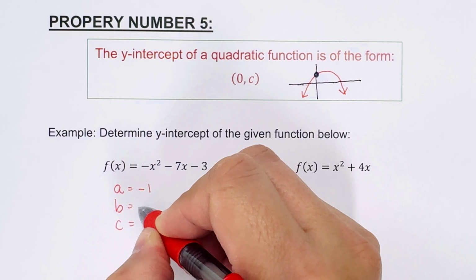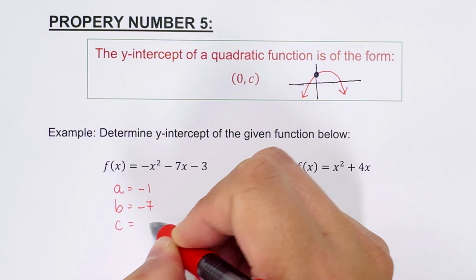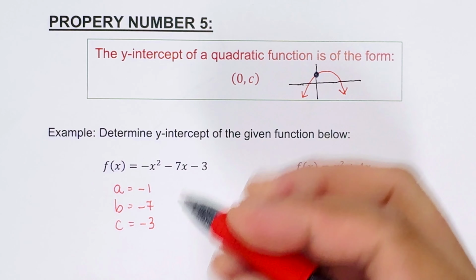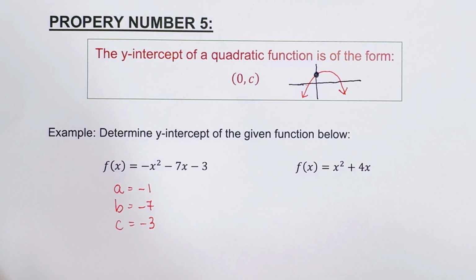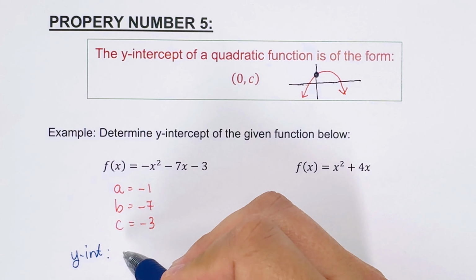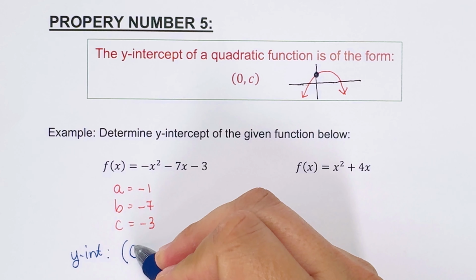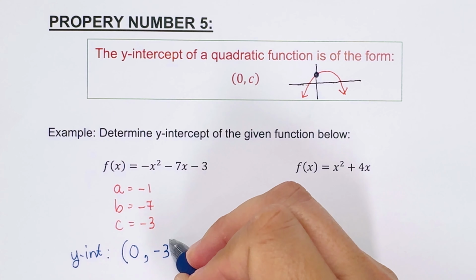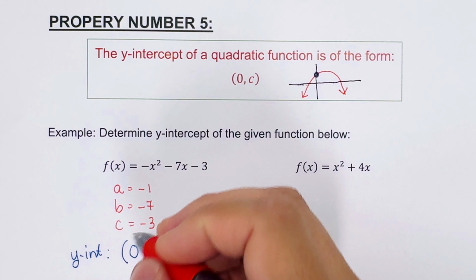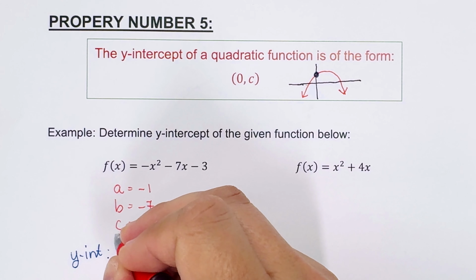The b is negative 7. The c is negative 3. What is our y-intercept? Our y-intercept is 0, and then just copy the c. So 0, negative 3 is the y-intercept.